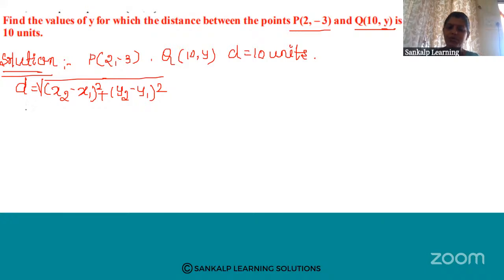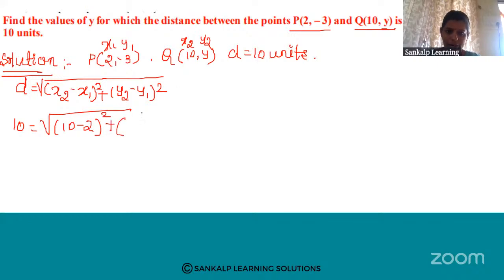Now, we know the value of D, okay? That is 10 units. Now, what is the value of x2 here? This is x1, y1 and this is x2, y2. So the value of x2 is 10 here and x1 is 2, whole square, plus y2 value is y and y1 value is minus 3, whole square.